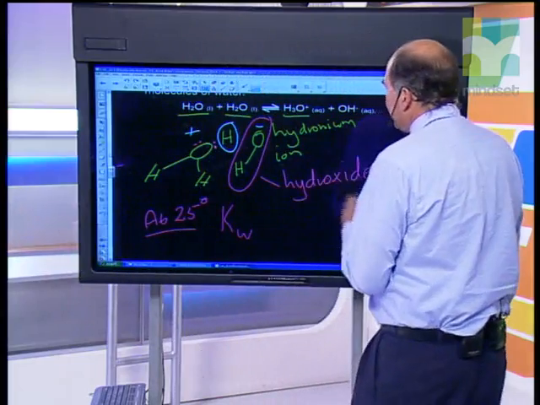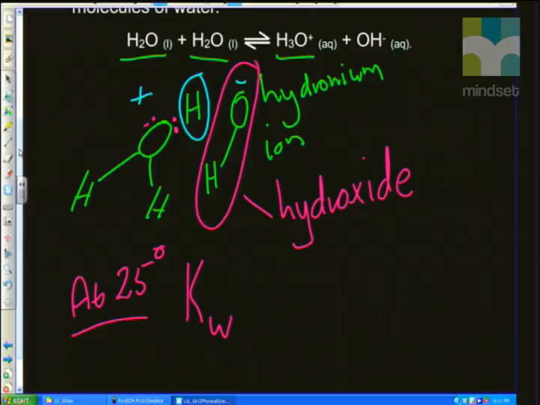So remind me now that when we do this, the formula that we're going to use, we're going to take the concentration of the product and divide it by the concentration of the reactants. That's for any Kc. But we need to remember we can only do it for things that are aqueous or gases. What happens when we've got liquids? Well, when we've got liquids, they don't form part of the Kc expression.